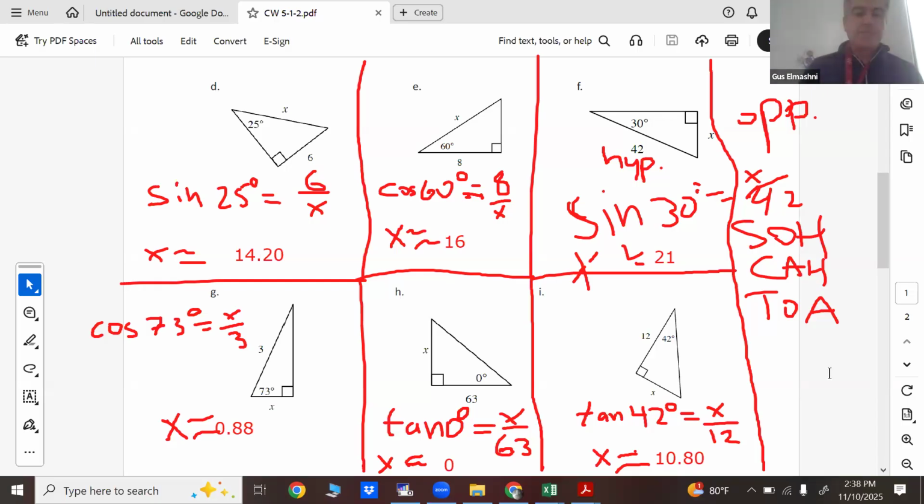How would you solve for x? Multiply both sides by x, so I didn't show that. You multiply both sides by x.